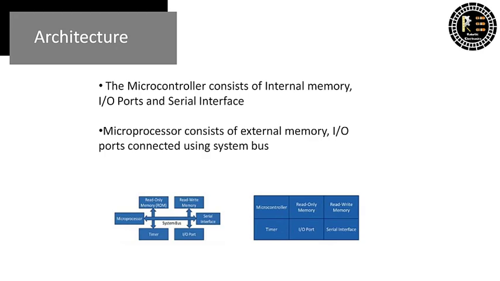As the memory and other input output ports are connected externally, we can increase the memory and change the ports as needed. A microprocessor can be connected to external peripherals like RAM, ROM and input output devices. This gives flexibility in choosing the peripherals.